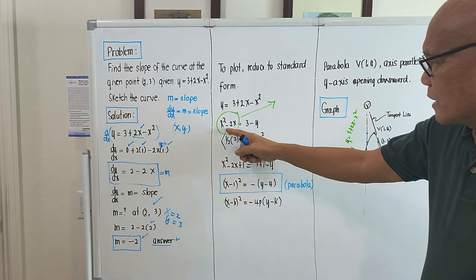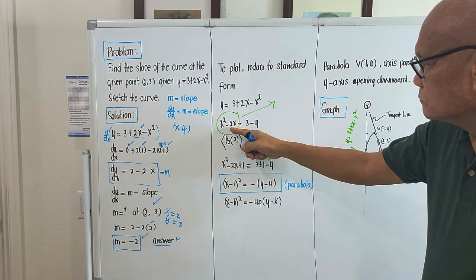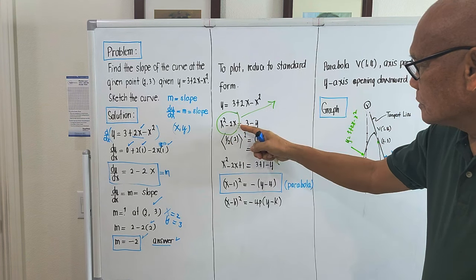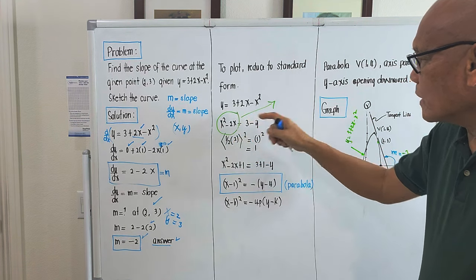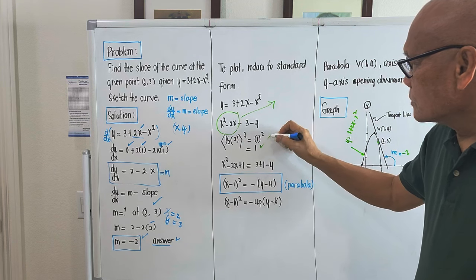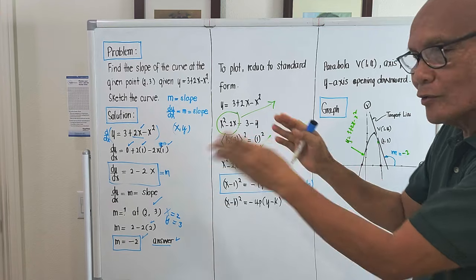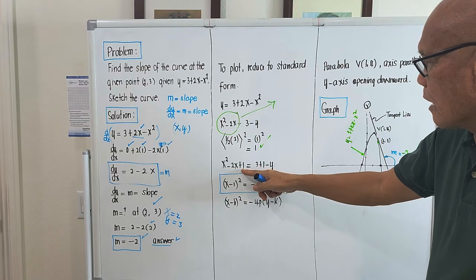We will just take 1/2 of the coefficient of the second term, then square it, or 1/2 of 2. 1/2 of 2 is just 1, and 1 squared is actually 1. So the added number on the left for it to be a perfect binomial will be a plus 1.